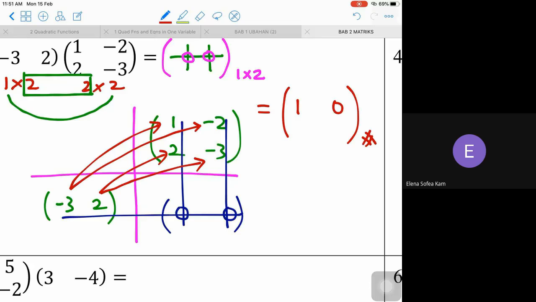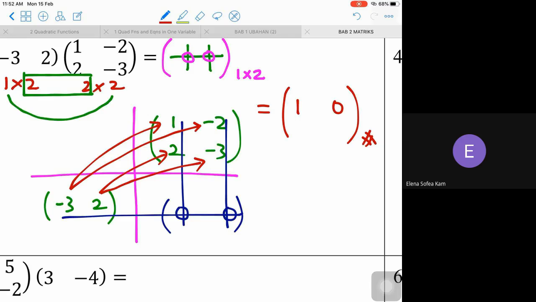So can you count another time? Negative 3 times negative 2 is 6, right? 6 plus 2 times negative 3 is negative 6. 6 plus negative 6. Is it 0? Am I right? 0, right?